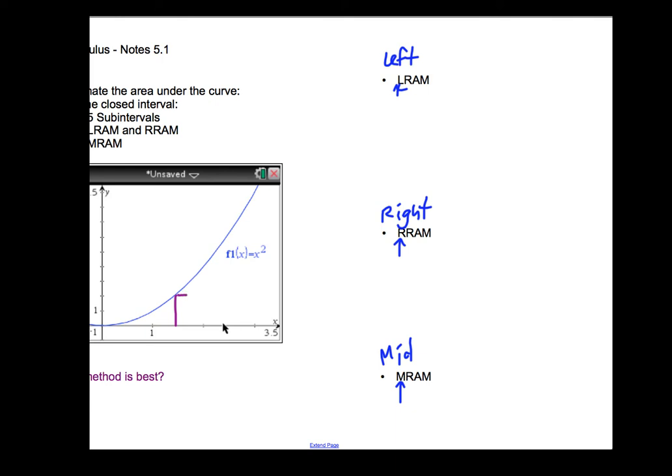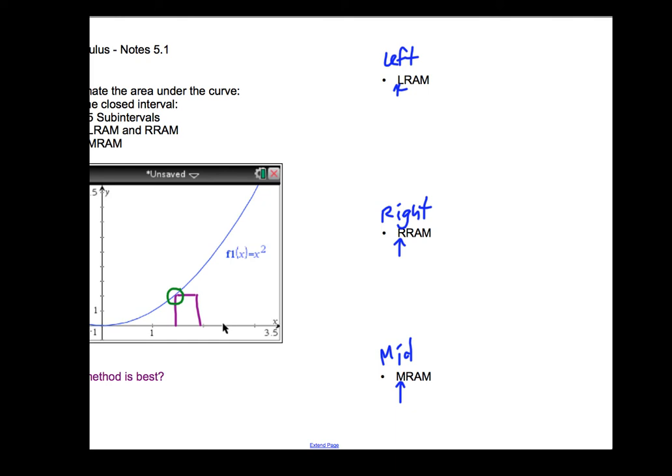And so when you're doing RRAM, it's going to find a rectangle that just touches the curve. LRAM is going to find a rectangle which just touches the curve on the left-hand side. And so you can see on my rectangle right here, right on that very left-hand side of the rectangle. So this would be LRAM. Okay, we're going to make rectangles that touch the curve with that upper left-hand corner.